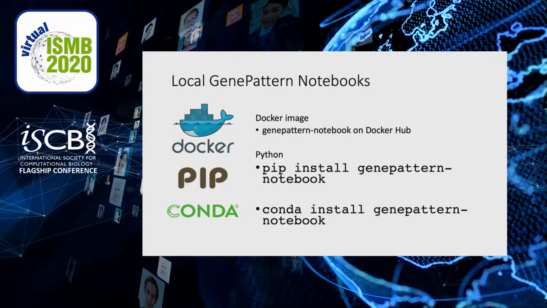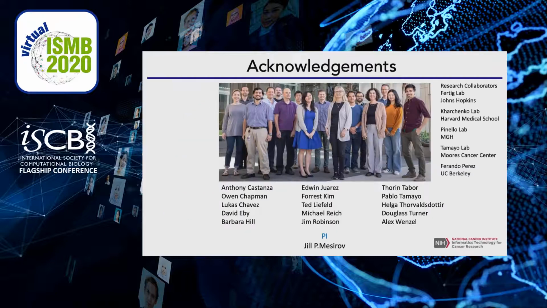We also have a Docker image for the entire notebook repository, so people can host their own GenePattern notebook repositories. You don't need to have your own GenePattern server in order to run the GenePattern Jupyter extension. It will connect to any GenePattern server on the internet.